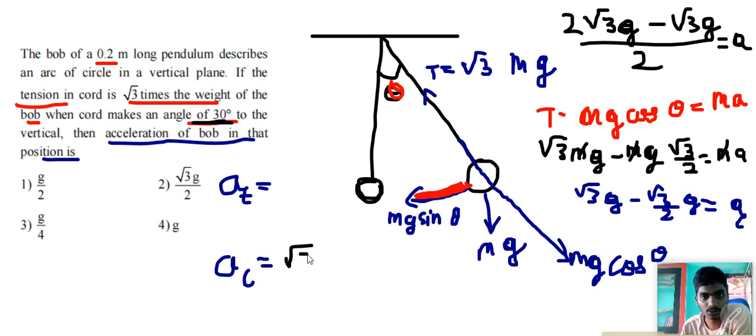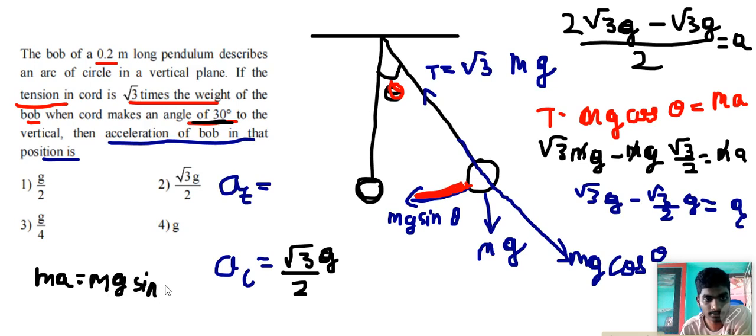Now for the tangential force: m times the tangential acceleration equals mg sin theta. Cancelling the mass, the tangential acceleration equals g sin theta. Theta is 30 degrees, and sin 30 degrees is 1 by 2. So the tangential acceleration is g into 1 by 2.